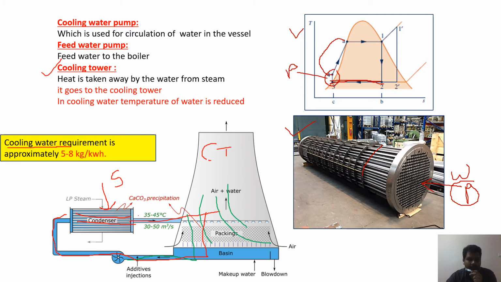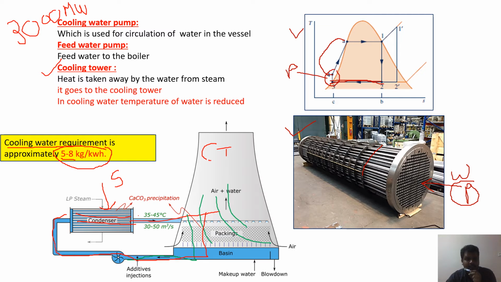Cooling water requirement in the power plant is approximately 5 to 8 kg per kilowatt hour. Generally power plants are around 3000 megawatts. For a kilowatt itself it requires 5 to 8 kg of cooling water.